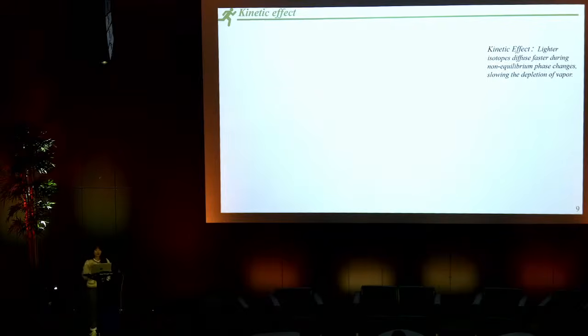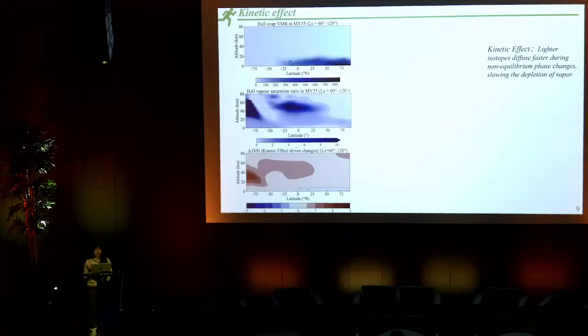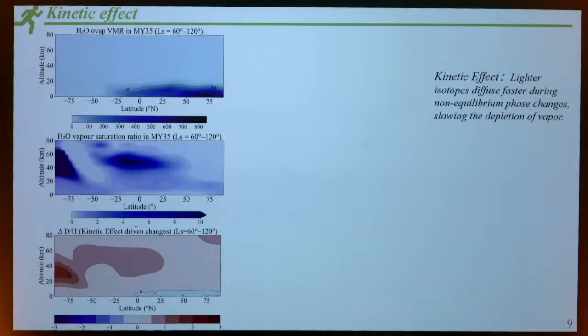The lighter H2O molecules will diffuse faster than HDO. This process will slow the depletion of the vapor and enrich the D2H. So in the northern summer, it's very dry in the south, but in the meantime you can see that it's supersaturated in the south. That results in a significant increase in D2H in the south polar region.